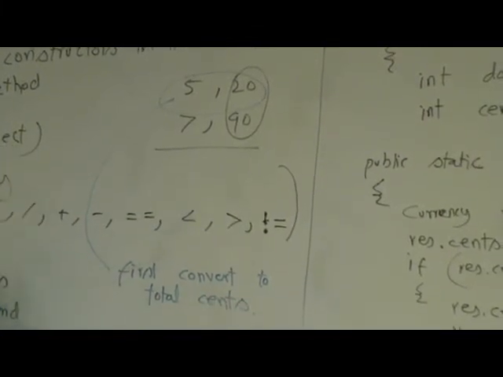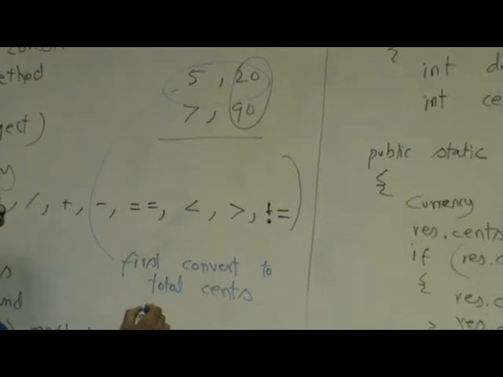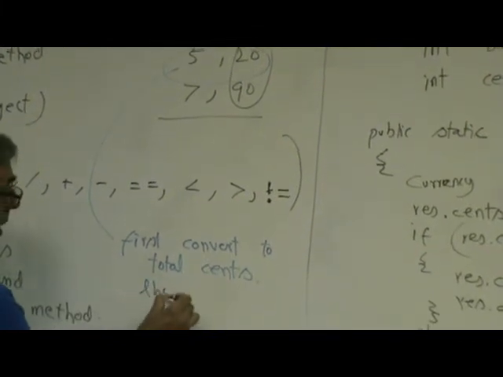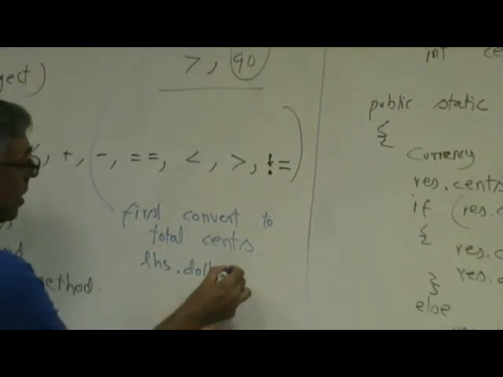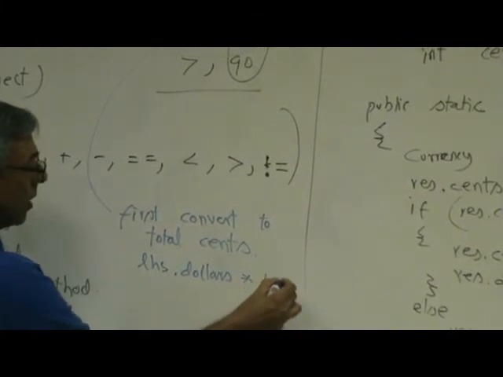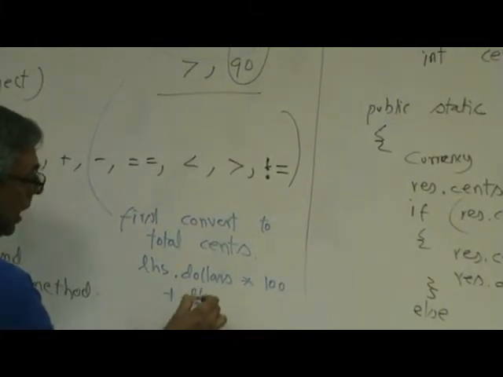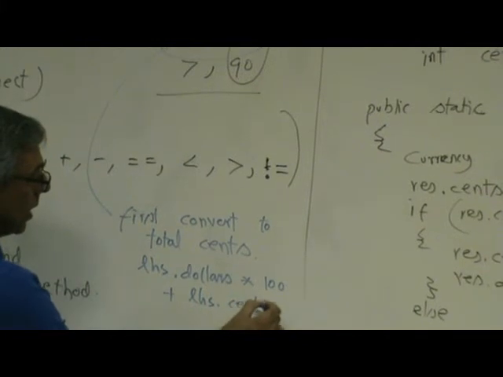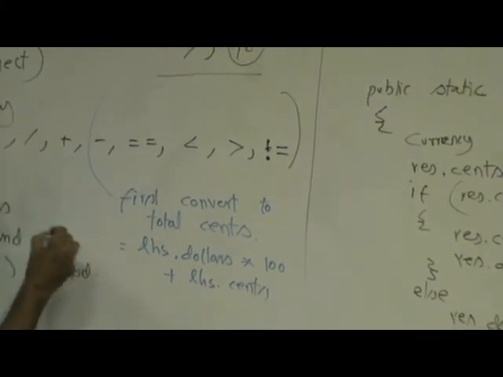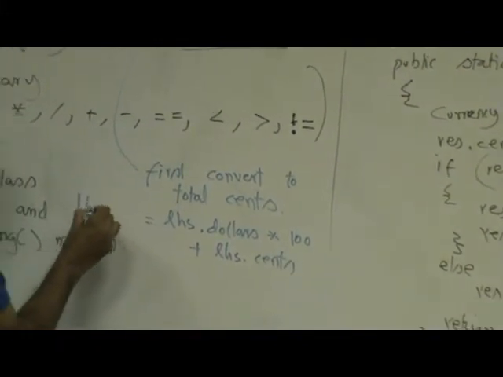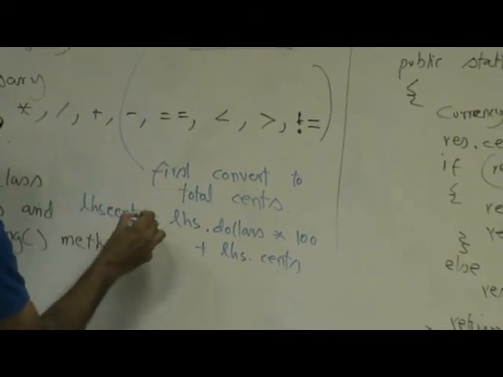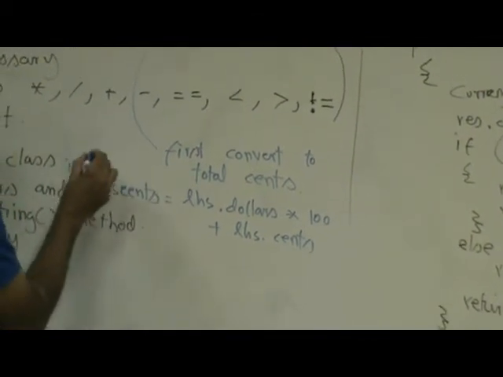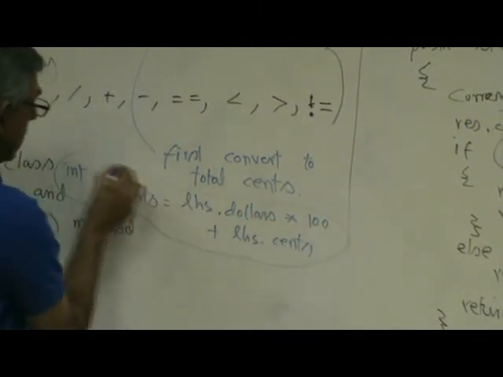Meaning multiply the LHS.dollars by 100 plus LHS.cents. So this is the total cents.